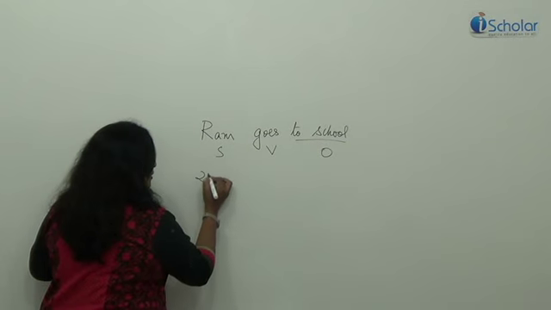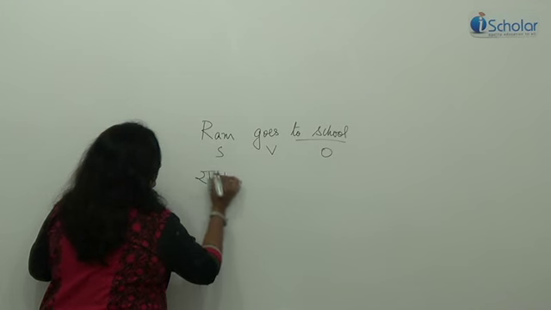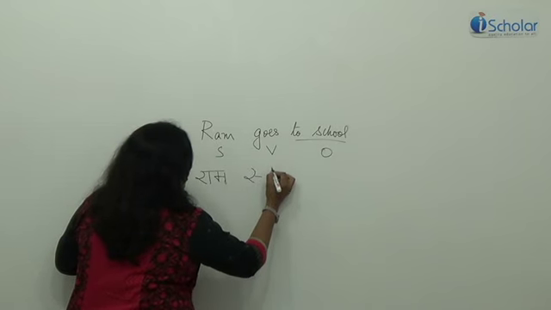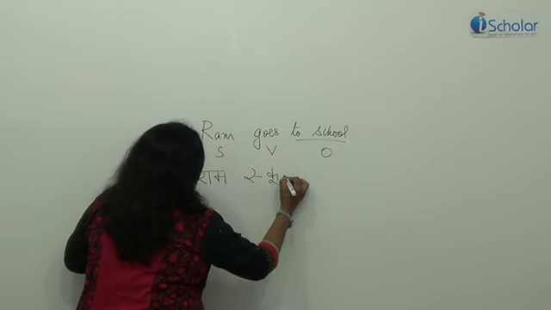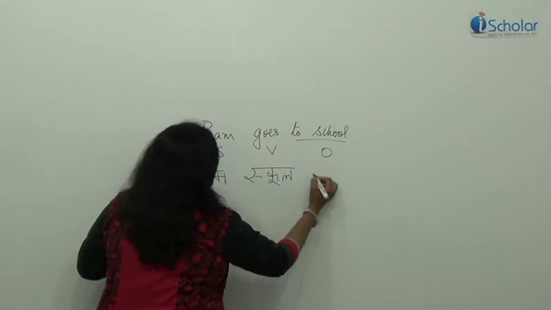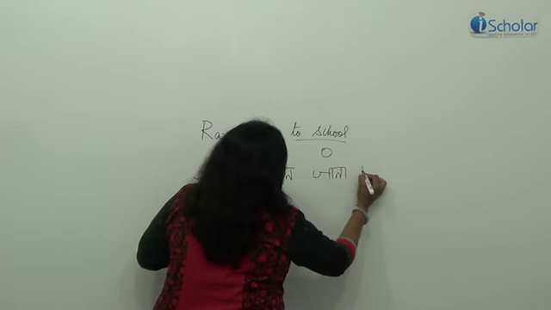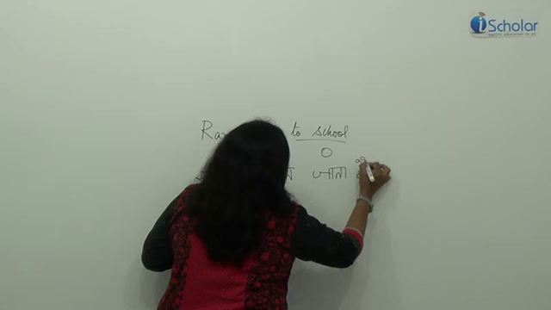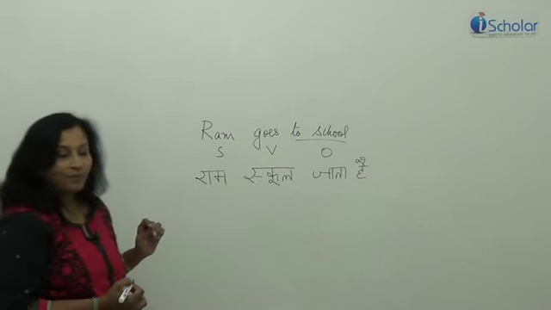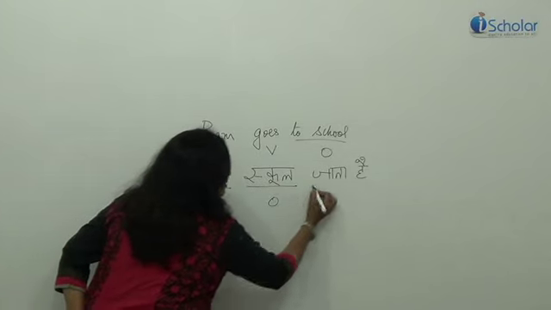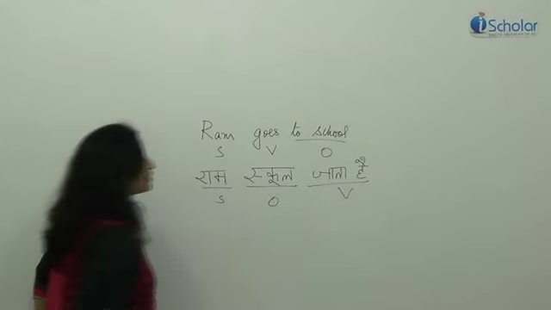It will become Ram school जाता है. Correct? In other words, Ram is the subject, school is the object and here is the verb.